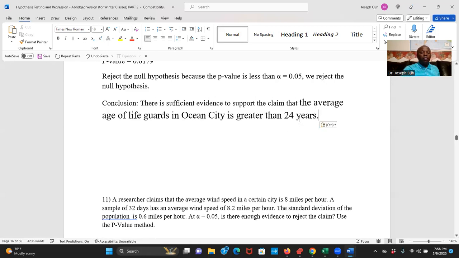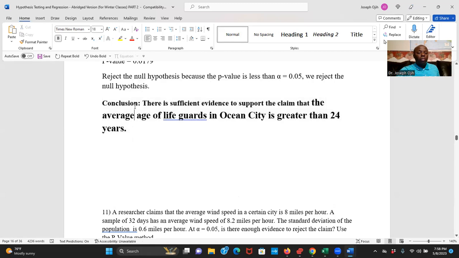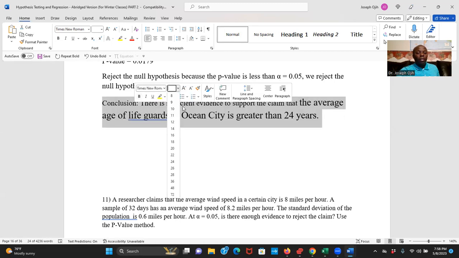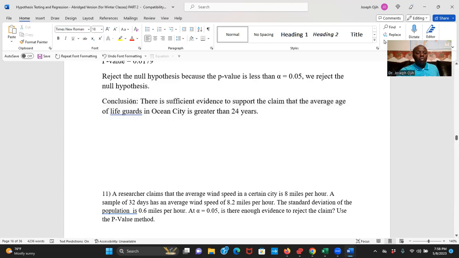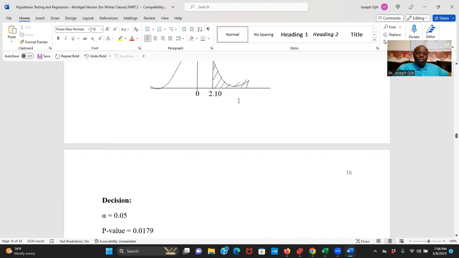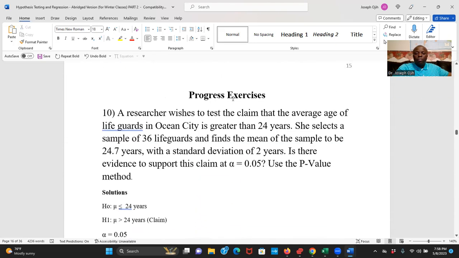I've already copied it. Make it bold. So there's sufficient evidence that the average age of lifeguards is greater than 24 years. So that is how to do this using the p-value method.